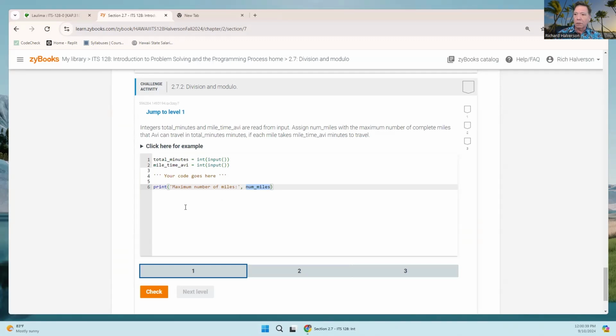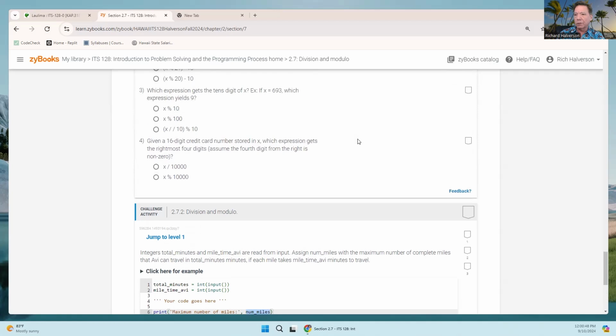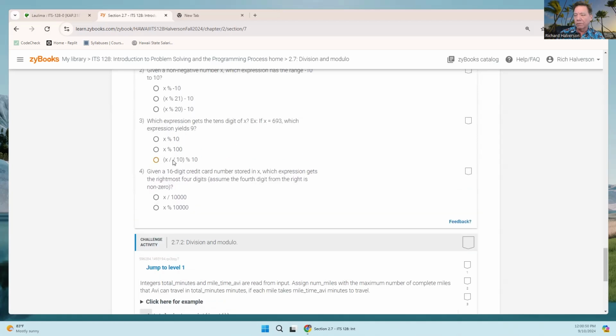In this first challenge activity, basically what we're looking at is when to use integer division and when to use the modulo operation. So when are you looking for the remainder, or when are you looking for the number of times the divisor goes into the dividend, the number of times the lower number goes into the upper number a whole number of times?